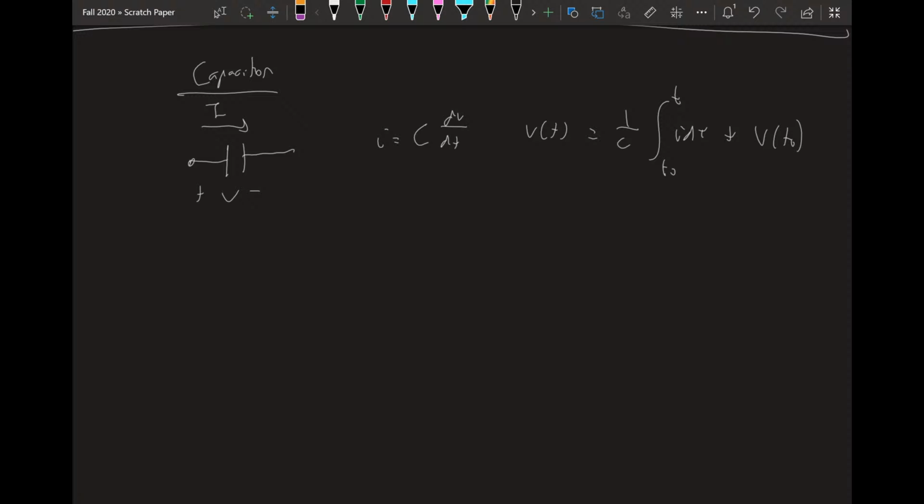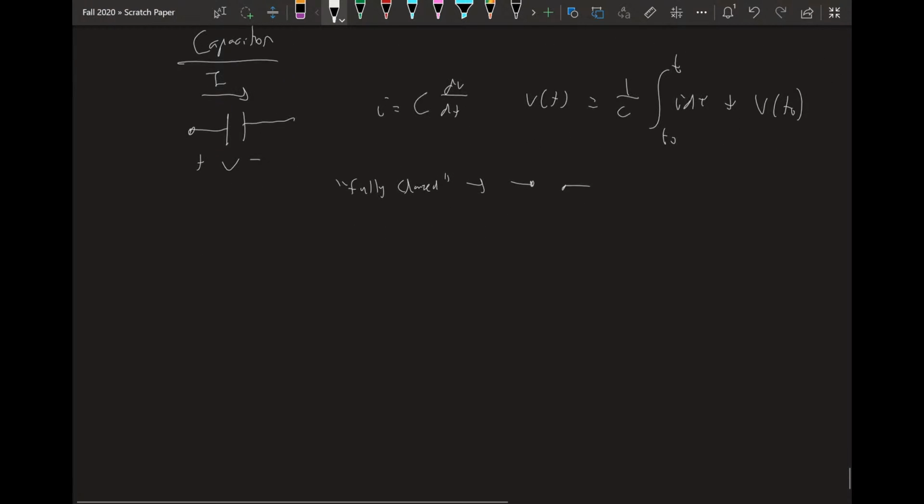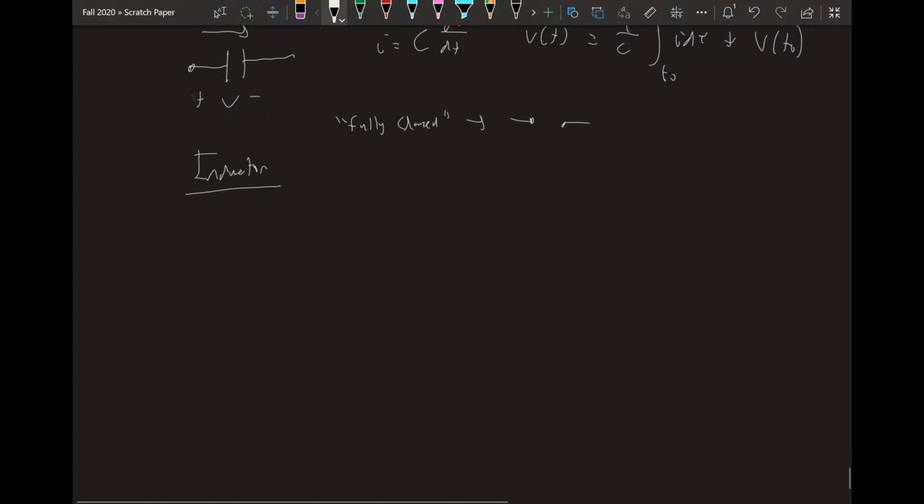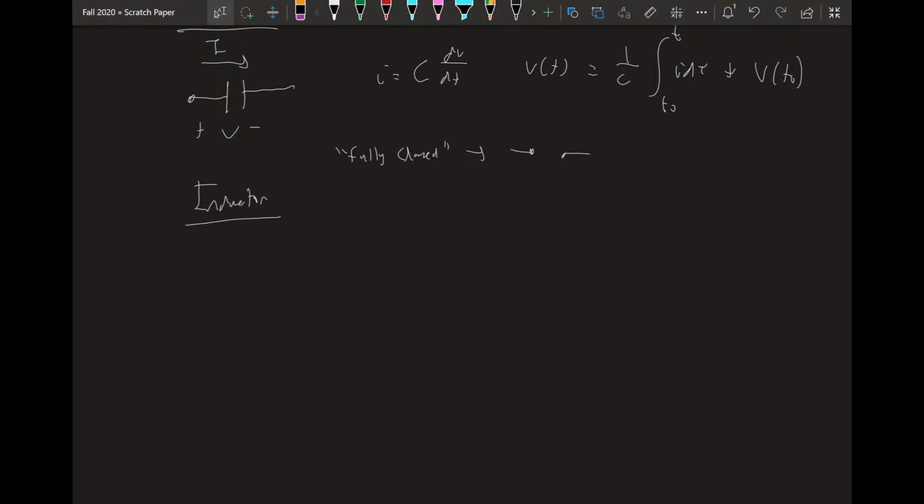Other thing to note is that when a capacitor is fully charged, it acts as an open circuit. It allows no current to flow across it. Let's go back to capacitors and talk about how they add and combine. Capacitors add in series and parallel, opposite to resistors.